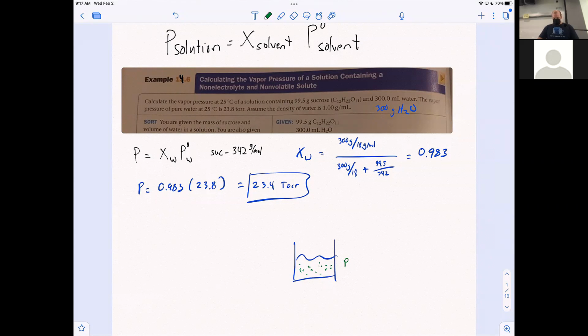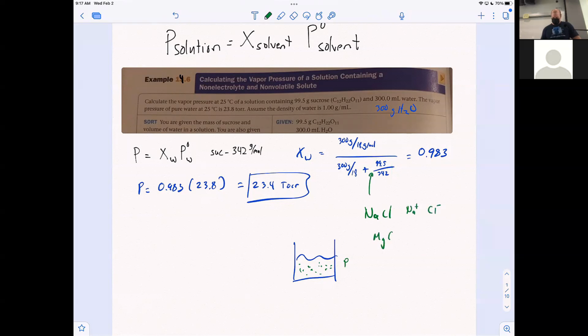And let's see here with that. Now let's say that instead of sucrose, we had sodium chloride. In the mole fraction calculation, we would put a 2 there, because sodium chloride dissolves into sodium plus and chloride minus.